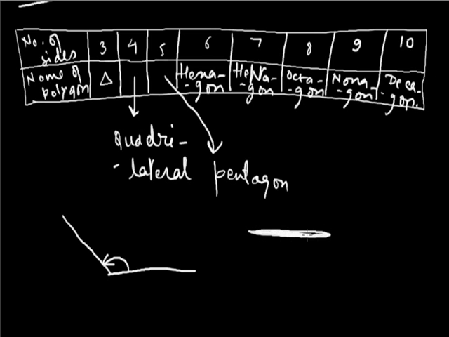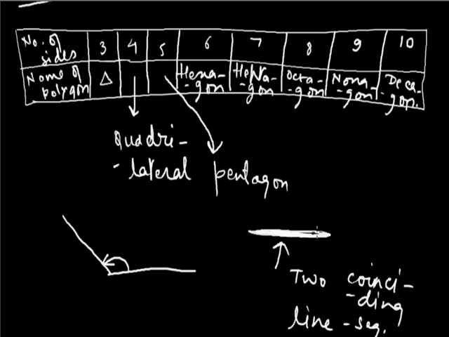These are 2 coinciding line segments, so they cannot form a closed figure because there is no region between those lines. So the minimum number of sides or line segments required to form a closed polygon is 3. That's why we have started our nomenclature of polygon with 3 sides, and its name is triangle. Similarly, onwards you can check this table.